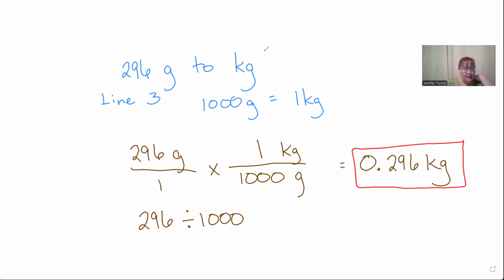Now, our next one here is a bit different. Let's take a look at what we're doing here. We are going to be combining 2 things. It says 4.98 kilometers to millimeters. Now, notice from above that we don't have a unit that goes from kilometers to millimeters. If you're really comfortable with the metric system, you might already be able to do this in your head, but I'm going to show it for those that aren't real familiar with the metric system.